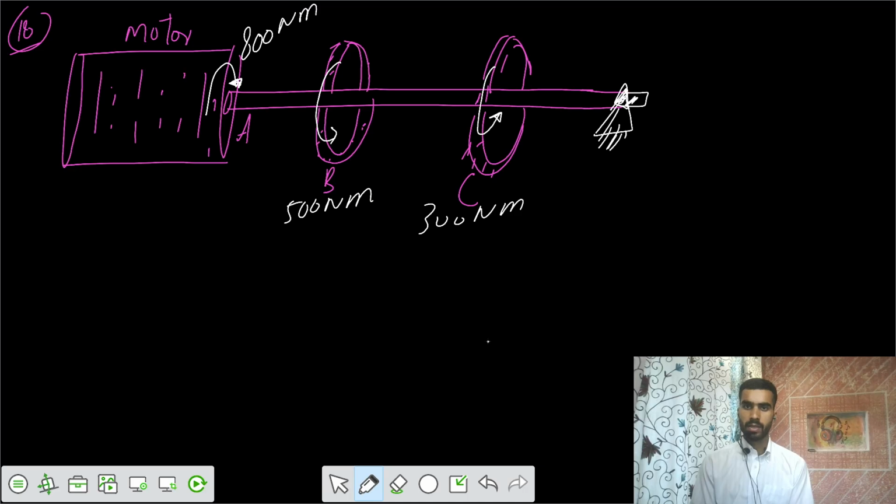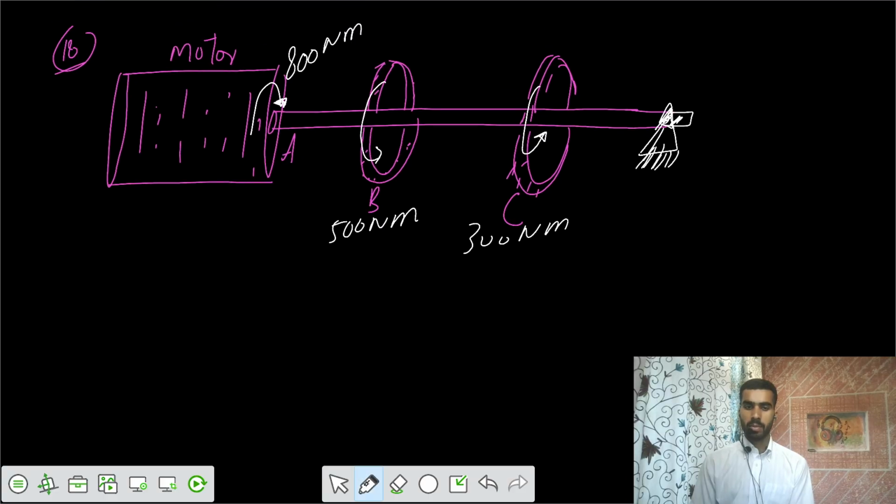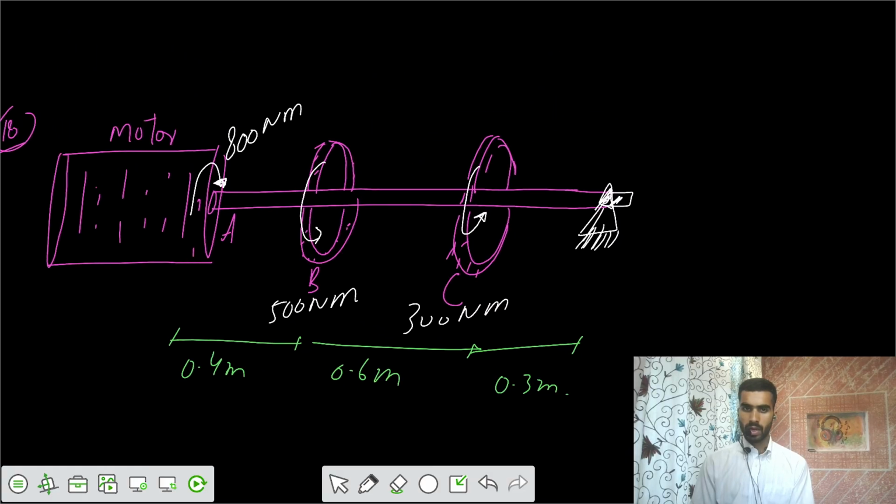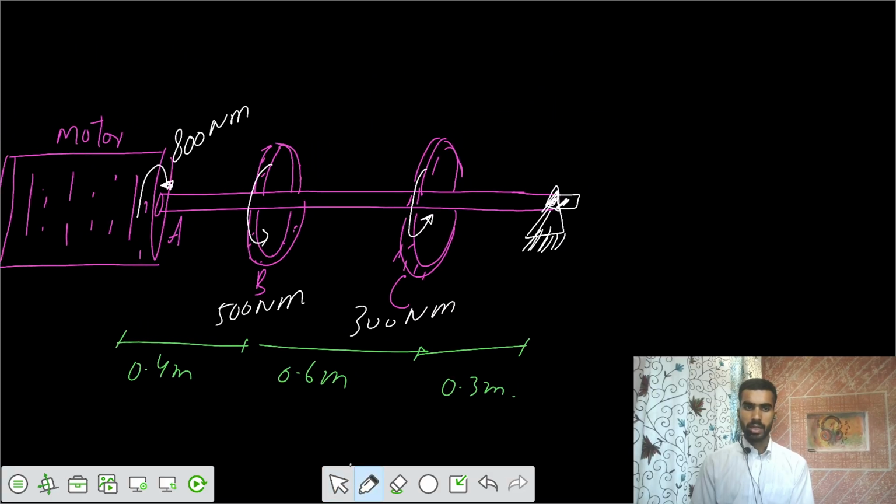The lengths are 0.4 meter, 0.6 meter, and 0.3 meter. So this is A, B, C, and this is D.